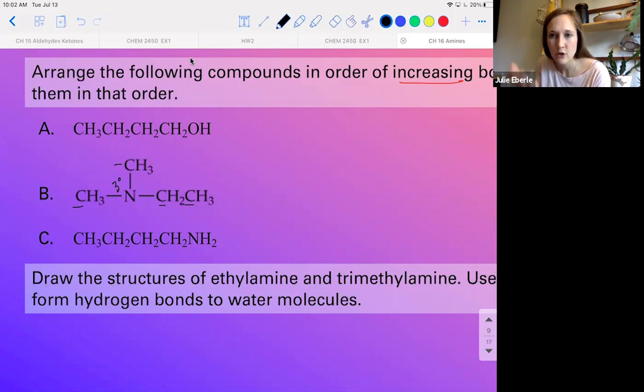No. If you just had a test tube with the pure substance B in it, you would have no hydrogen bonding. Because you have a lone pair, you have an acceptor, but you don't have any donors on this molecule. None of these hydrogens are positively polarized. So you cannot get any hydrogen bonding because you have to have both a donor and an acceptor to hydrogen bond. So this one cannot hydrogen bond with itself. It could hydrogen bond with water.